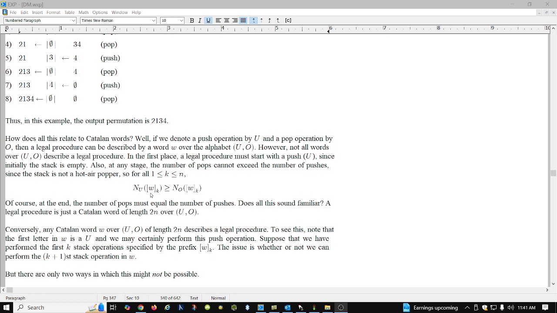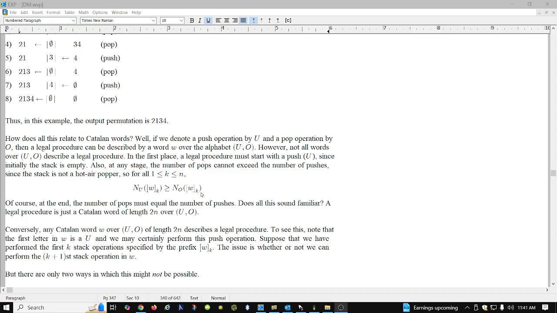So the number of U's at any stage, in other words, for any prefix of W, must be bigger than or equal to the number of O's. And finally, at the end, the number of pops must equal the number of pushes, so everything is on the output queue.